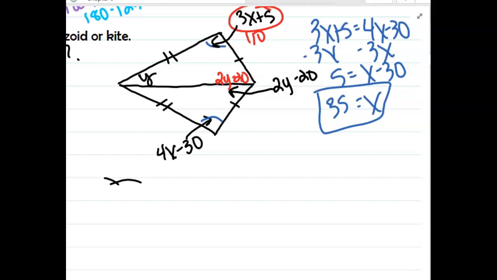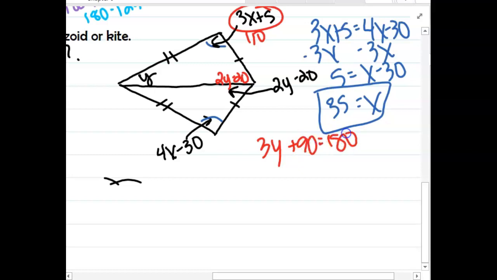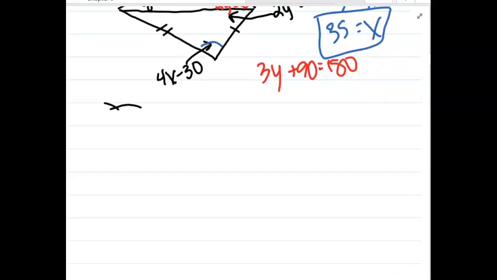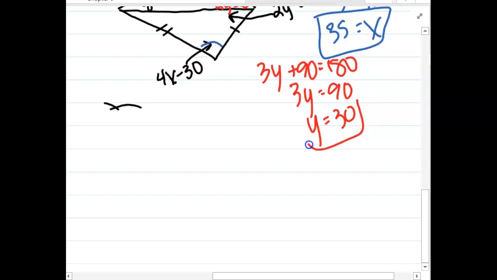So if that angle's 110, that angle's y, that angle's 2y minus 20, I could probably solve for y, right? So y plus 2y is 3y. Negative 20 plus 110 would be 90. They're the angles of a triangle, so they'd have to equal 180. So 3y equals 90, so y equals 30.